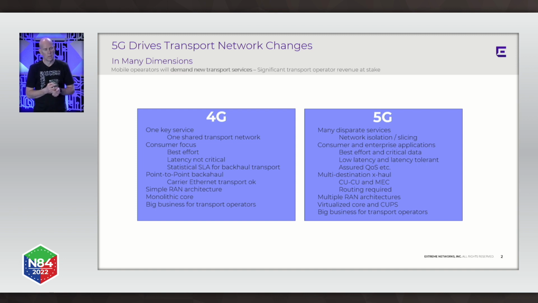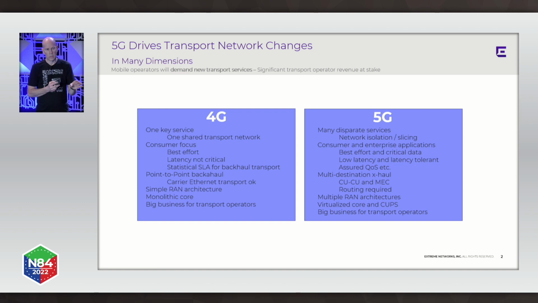Or it could be low latency applications, where you have probably heard of the many times used use case, which is autonomous cars, which basically means that it's truly latency sensitive. And that's referred to as the URLLC use case.